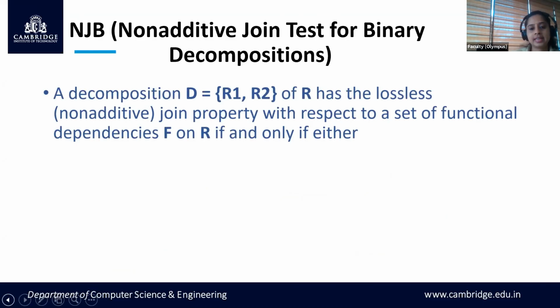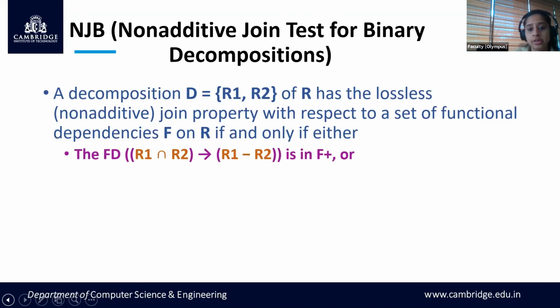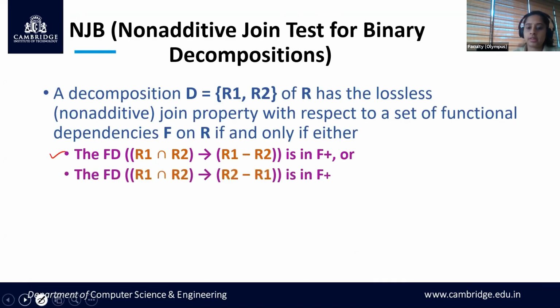Okay, see now. For a decomposition D to have the lossless join property with respect to the functional dependencies, it has to satisfy these things. The first one is either this you should satisfy or this you should satisfy. So remember this. What is the rule?